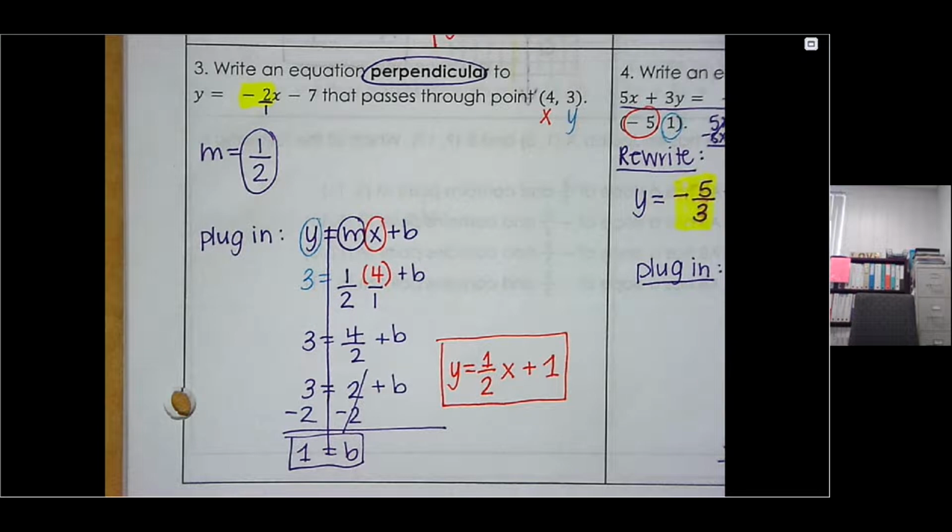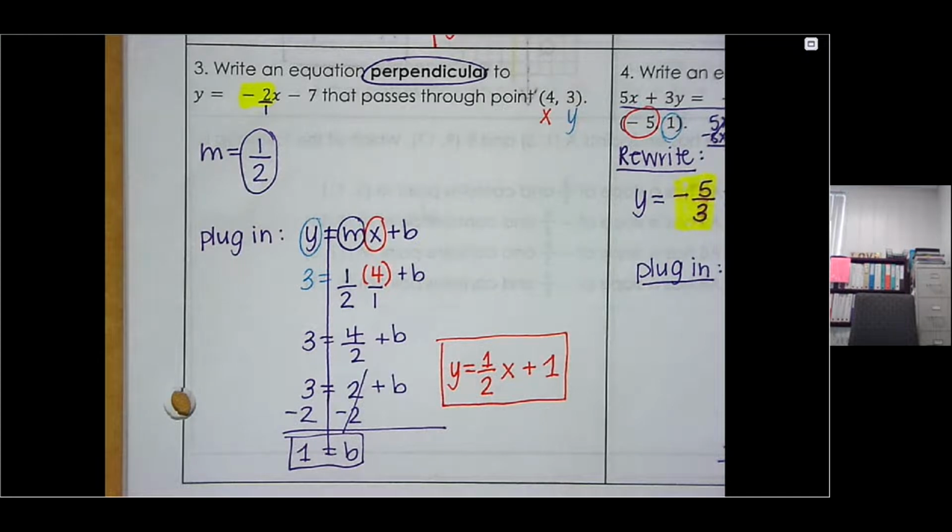Okay, now be careful. You're writing the equation of a line that is perpendicular, which means you have to flip that slope. Change the sign. It should be positive. This is the equation of a line that's parallel.